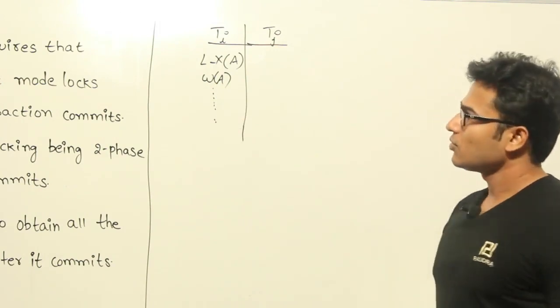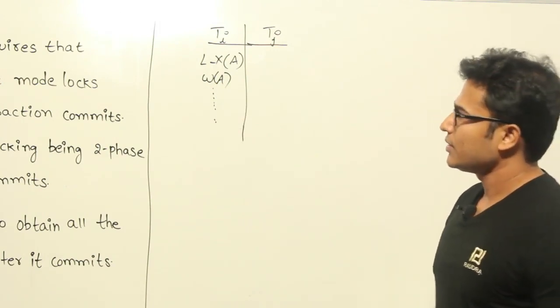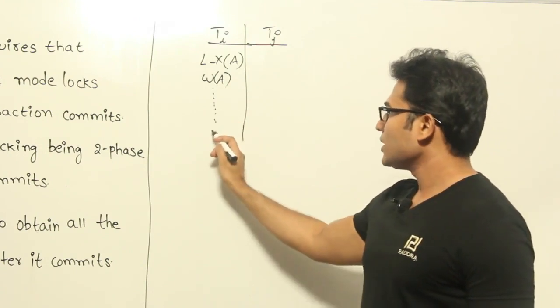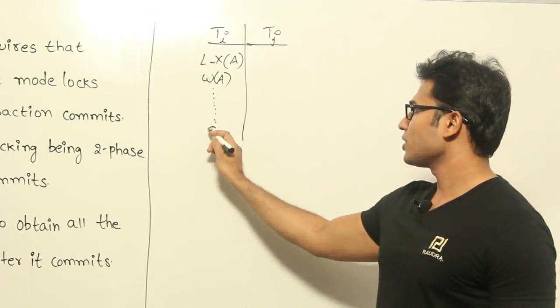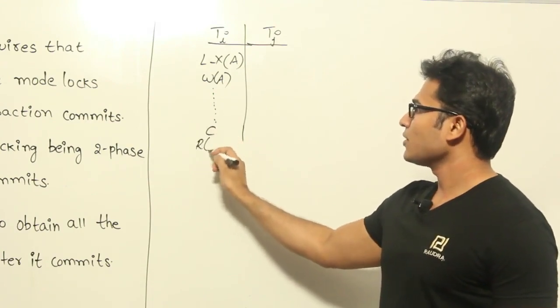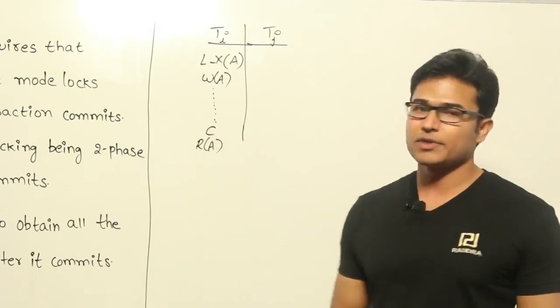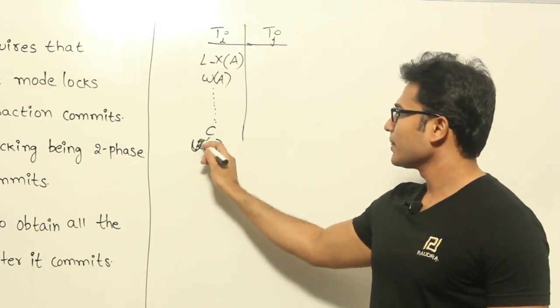So it is held until the commit; only after it commits is it going to release the lock, or unlock A.